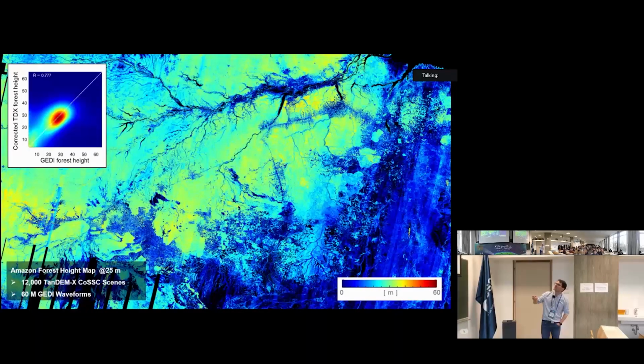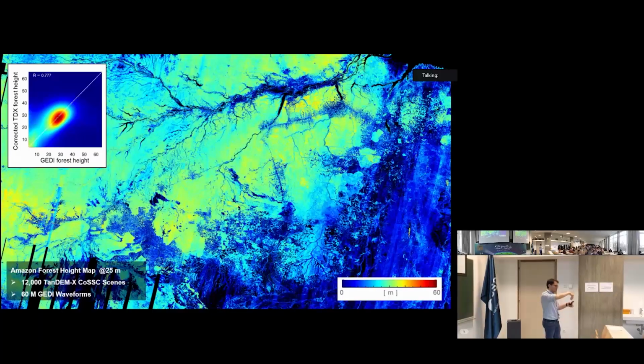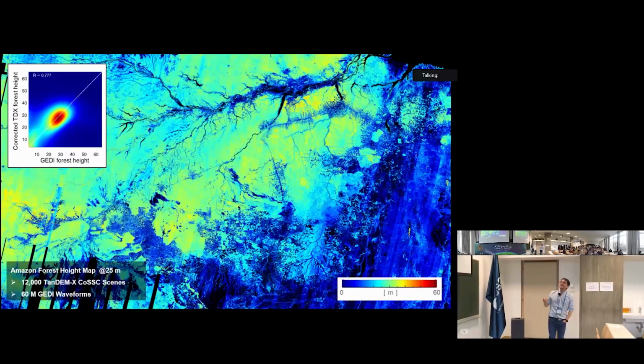For instance, you can see somewhere the radar strips still. That's because in that case, TanDEM-X was always on the same orbit but changing the incidence angle. So you change the height of ambiguity, but you basically invert with a similar profile.